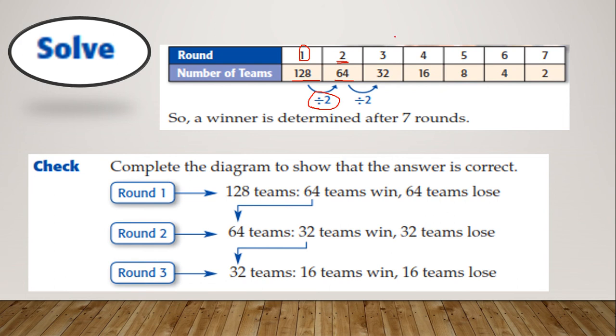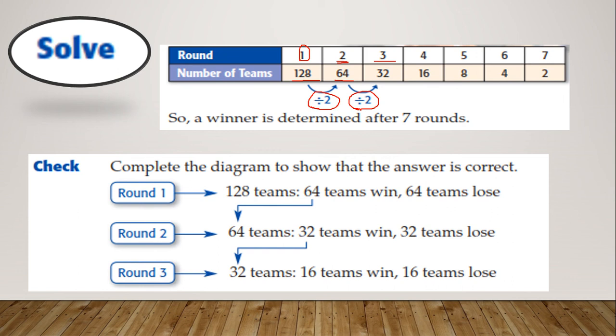And he tells you in the third round there are 32 left. So 64 changed to be 32. If you look carefully here, you will see that when 64 changed to be 32, that means he makes divide by 2 again.